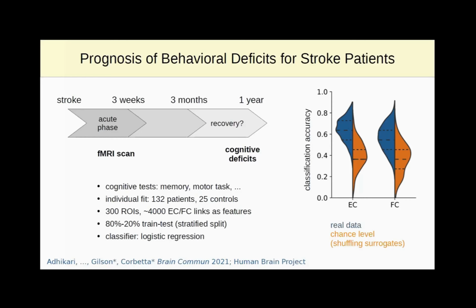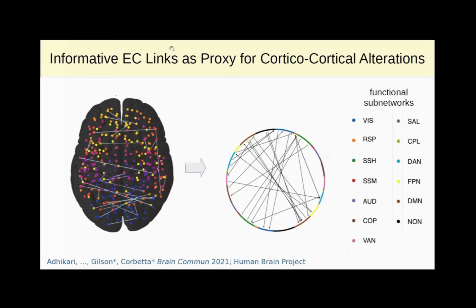So we went further, because you use all the effective connectivity links to make the prediction, and we looked at which ones are informative for the prediction. These links, represented in this brain here, correspond to links that change in patients that have a large number of deficits or a small number of deficits.